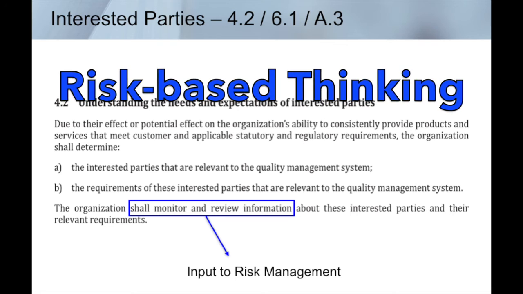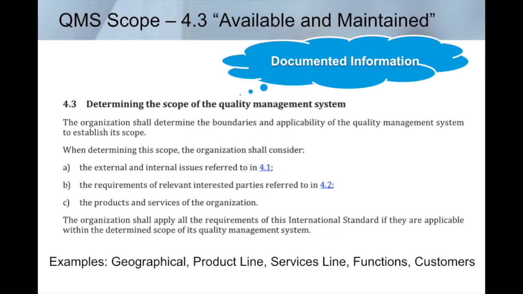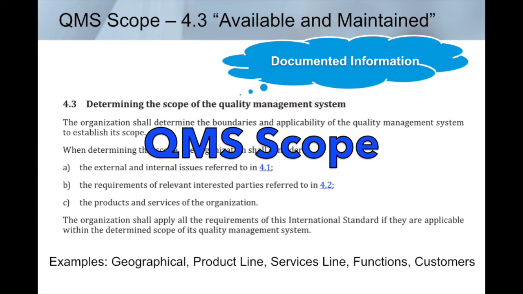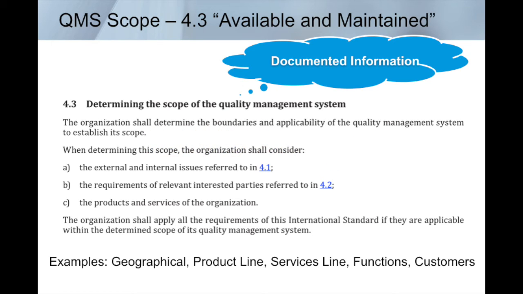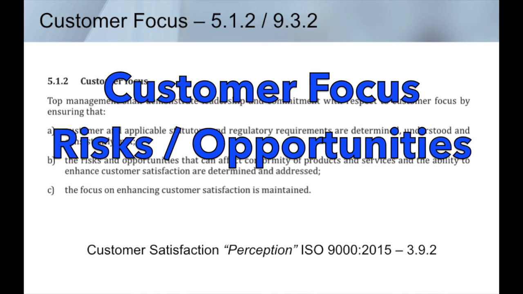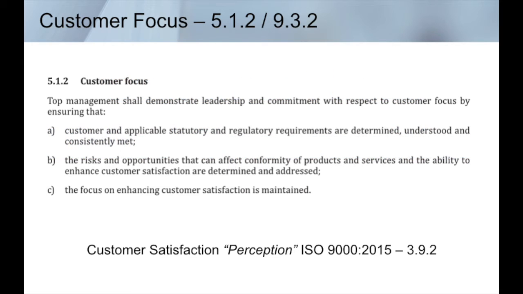In Clause 4.3, leadership and top management must determine the boundaries and applicability of the quality management system scope. The risks and opportunities that can affect conformity of the products and/or services, and the ability to enhance customer satisfaction, must be determined and addressed.